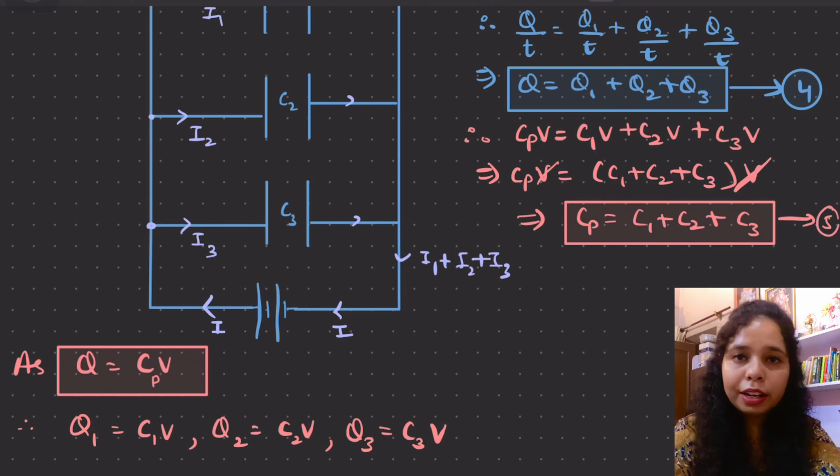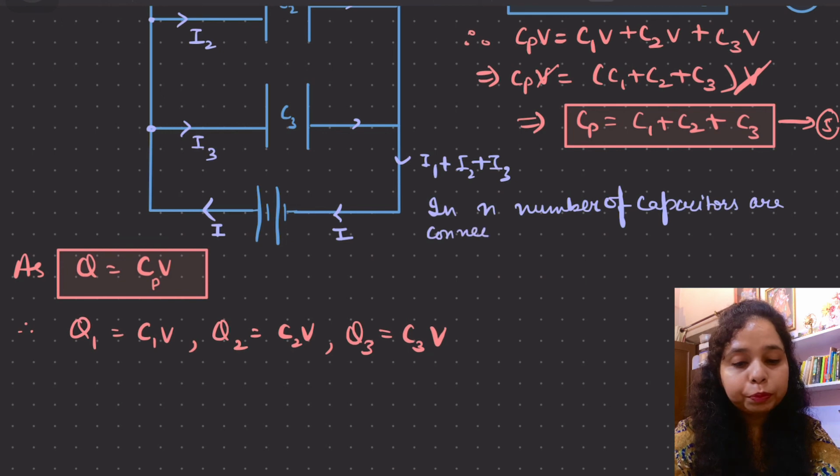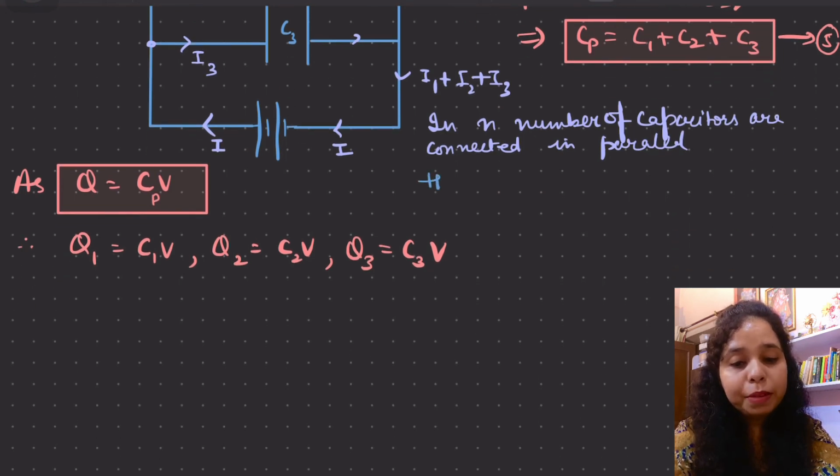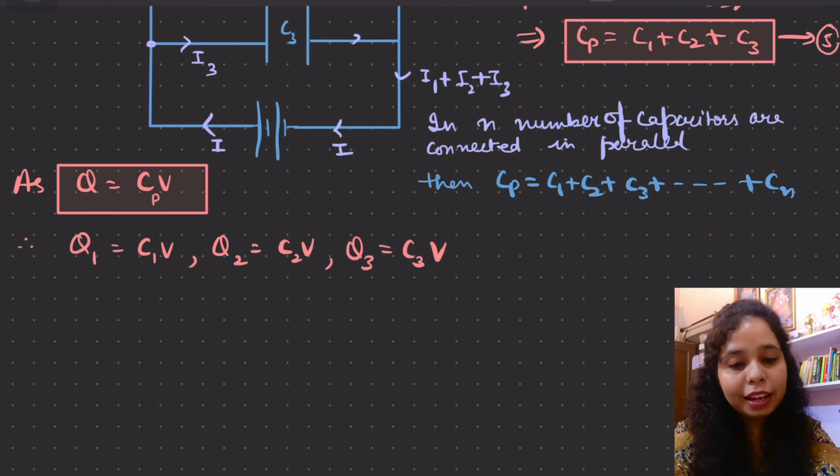And now again, if we have n number of capacitors connected in parallel, then we can say that Cp is equal to C1 plus C2 plus C3 plus and so on plus Cn, or we can say Cp is equal to the summation of Ci from i equals 1 to n.